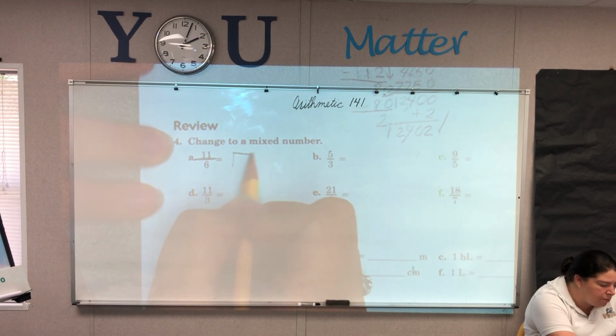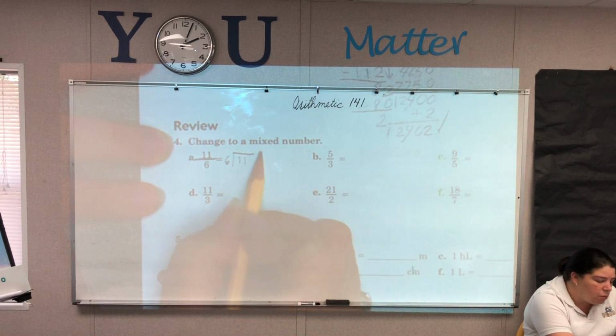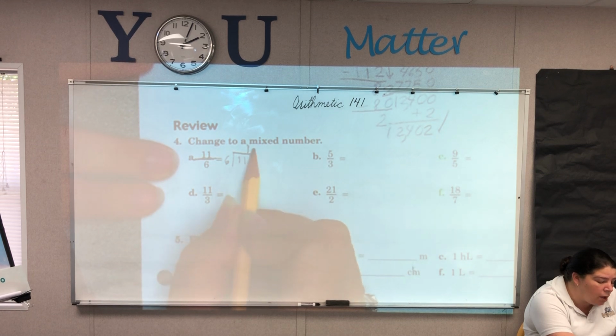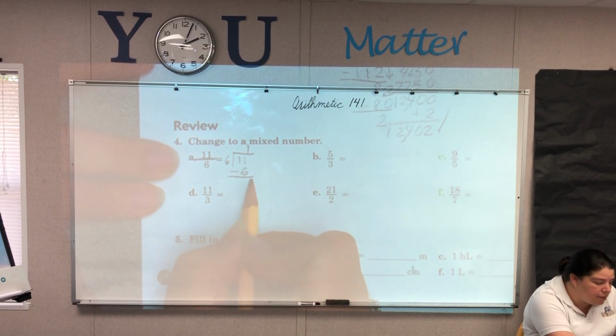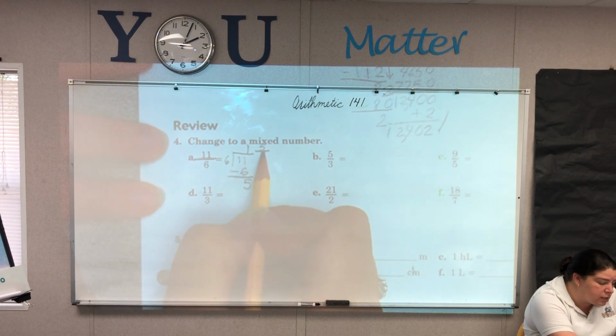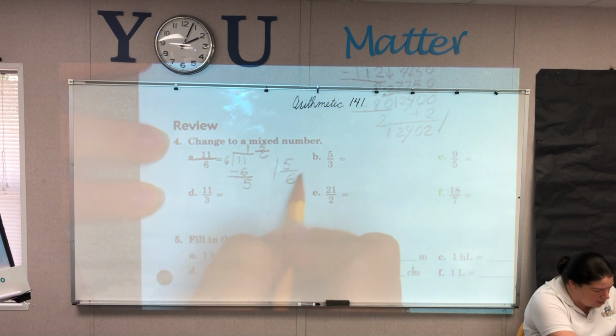We can do it this way if you need to see it. 11 divided by 6 is 1. 1 times 6 is 6. And 5 is left over. So that's our remainder. 5/6. Your answer should be 1 and 5/6.